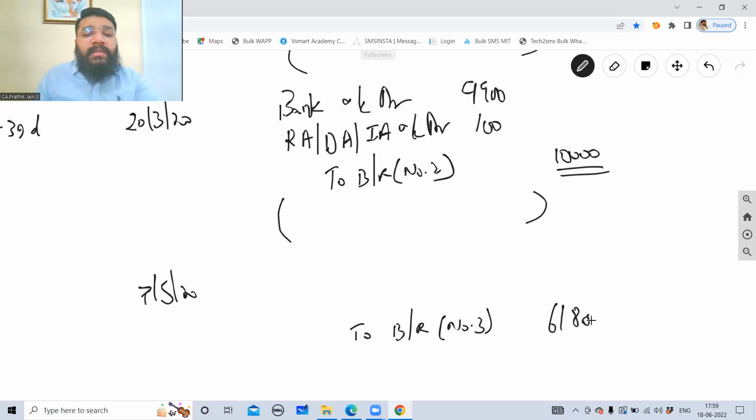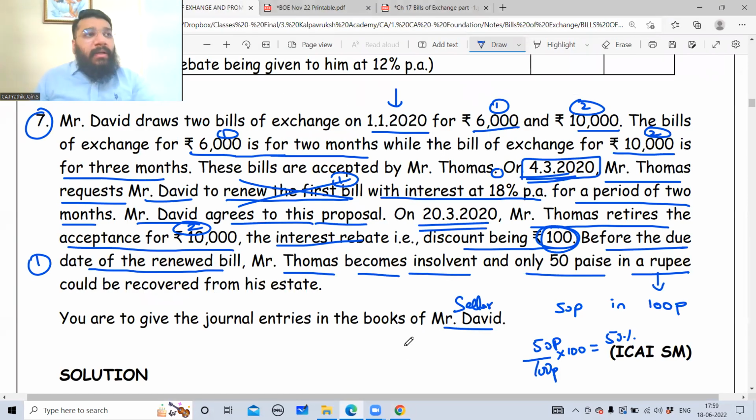The new bill is worth 6,180 now. Out of the 6,180, how much money is recovered and how much is not recovered? 50% is recovered. How did we get this 50%? Very clearly, the question says that only 50 paise in a rupee is recovered. So 50 paise is recovered from 100 paise.